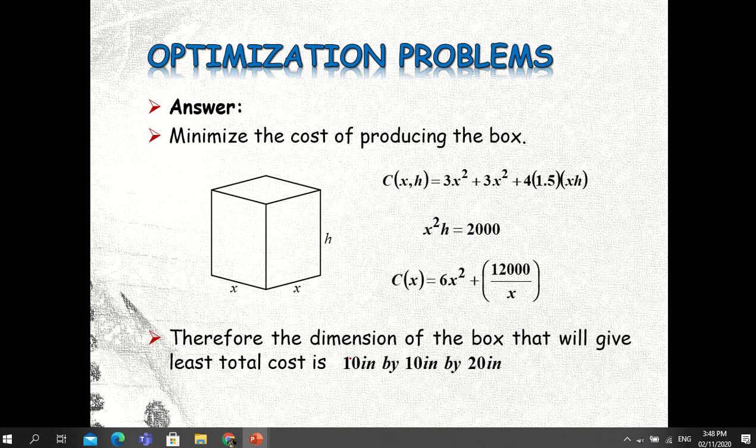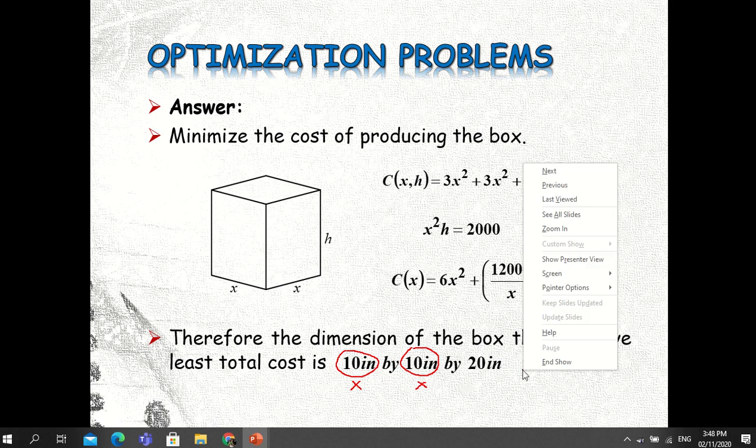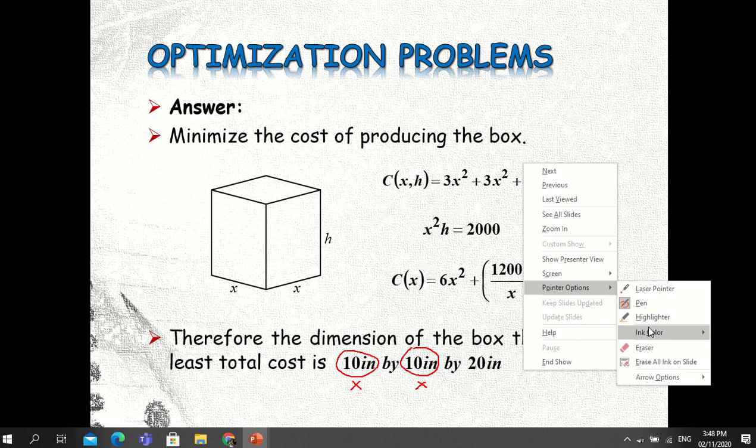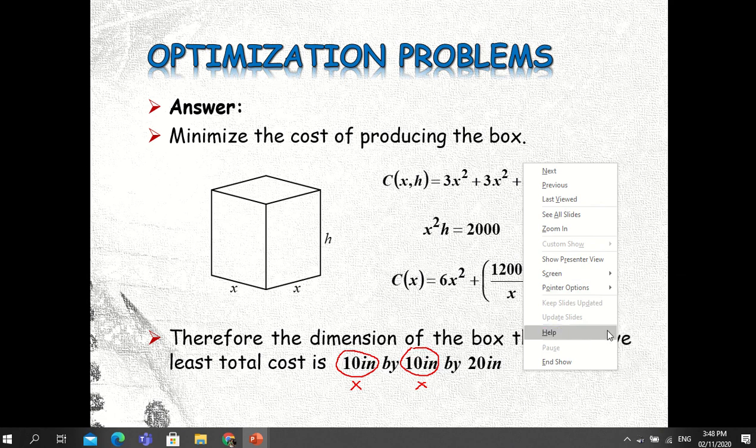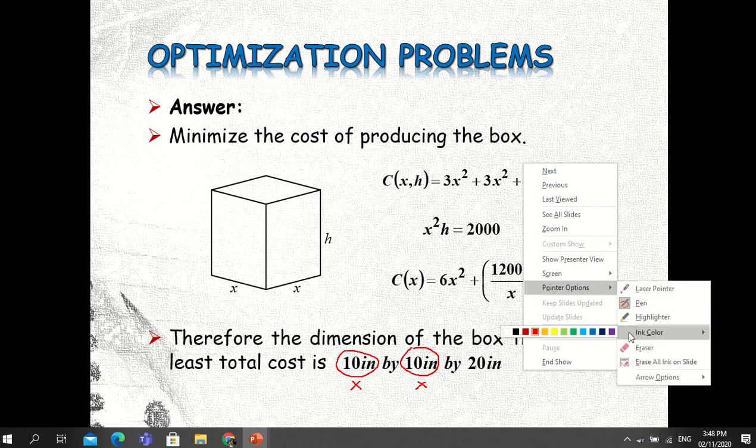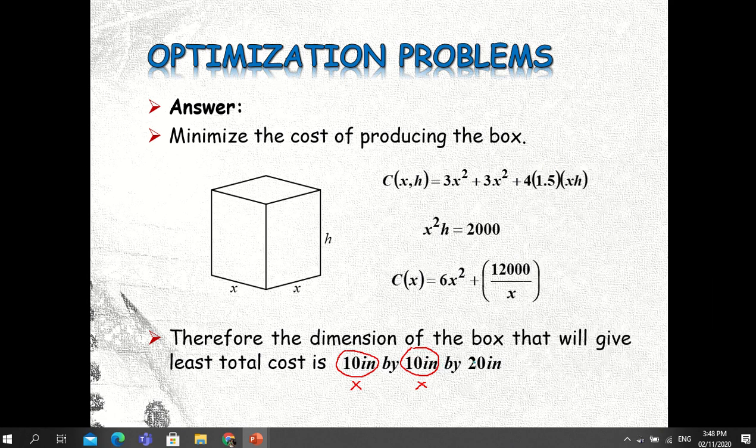All right. So 10, this is our x, by 10, this is also our x, and this is our h.